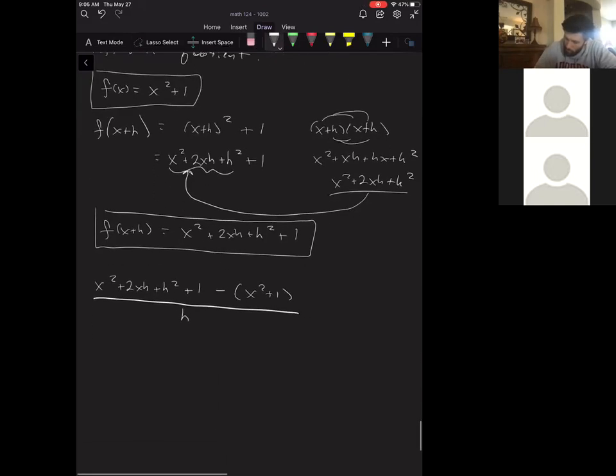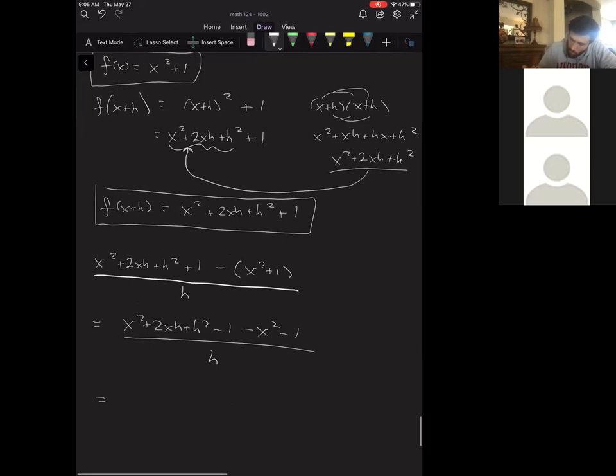Okay, so now let's just start simplifying. So this equals x squared plus 2xh plus h squared plus 1, now we have minus x squared minus 1, all divided by h. So on the top, the x squareds cancel, and oh, this is a plus 1, sorry. Because you see here, f of x plus h has plus 1 at the very end. So you see the minus x squared cancels with the x squared, and then the plus 1 cancels with the minus 1.